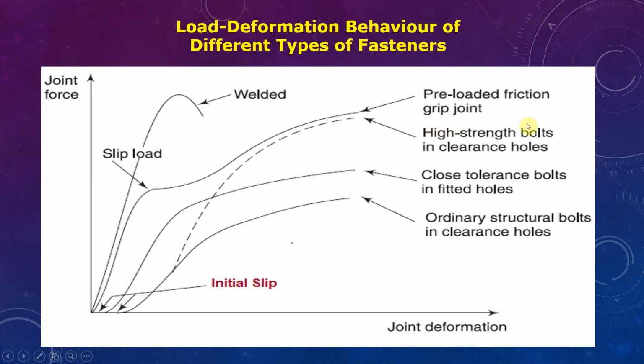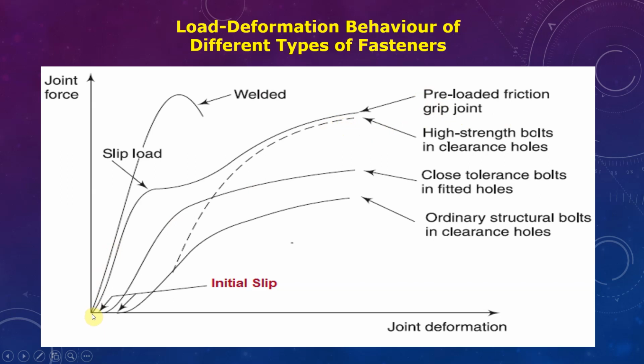Whereas when you think about high strength bolt, then this high strength bolt also has an initial slip and they behave like this, just like a dotted line, but their resistance is higher as they are high strength bolts. It will be higher and then there will be joint rotation. Whereas when you think about preloaded friction bolts, these preloaded friction bolts start working from origin.